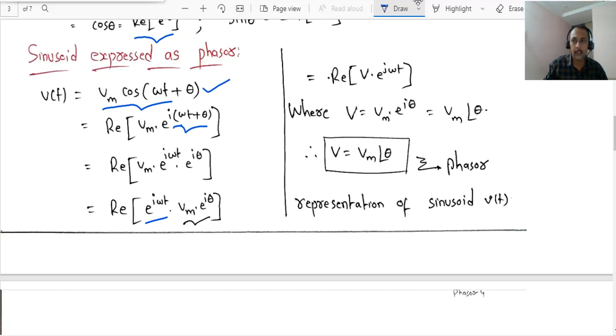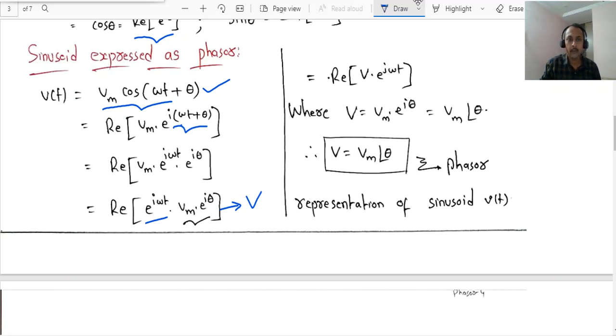Theta there represents the phase, right? Just bring out only amplitude and phase: Vm into e power i theta. Now this Vm into e power i theta we represent with a capital letter V, which represents the phasor of the given sinusoid Vm cos of omega t plus theta.